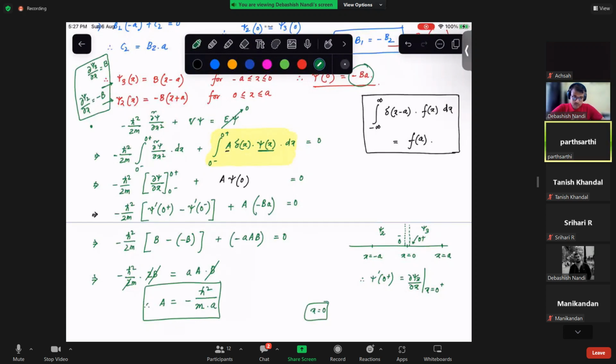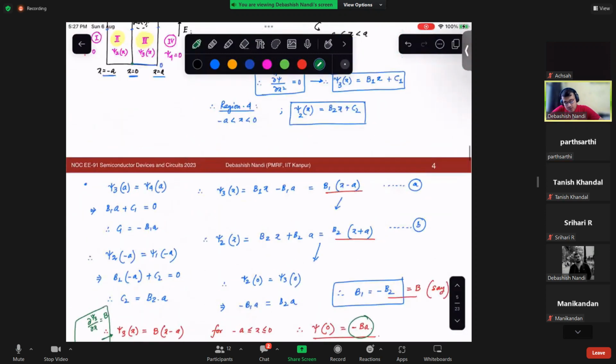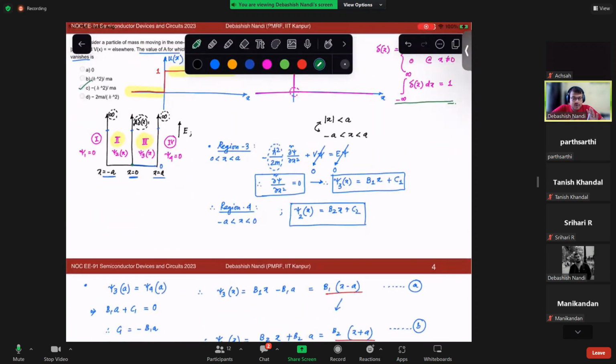Due to the impulse function. Yeah, exactly. So remember this, the main point of solving this problem is this only. Whenever you encounter a delta potential, remember that your wave function will be continuous around it, but the derivative of your wave function will not be continuous around it. The condition that psi and its derivative should be continuous holds for real cases.